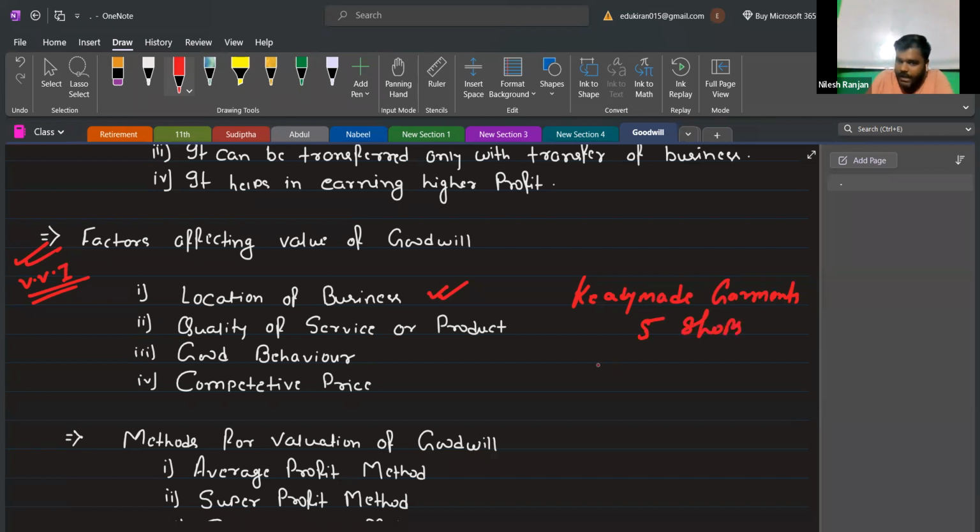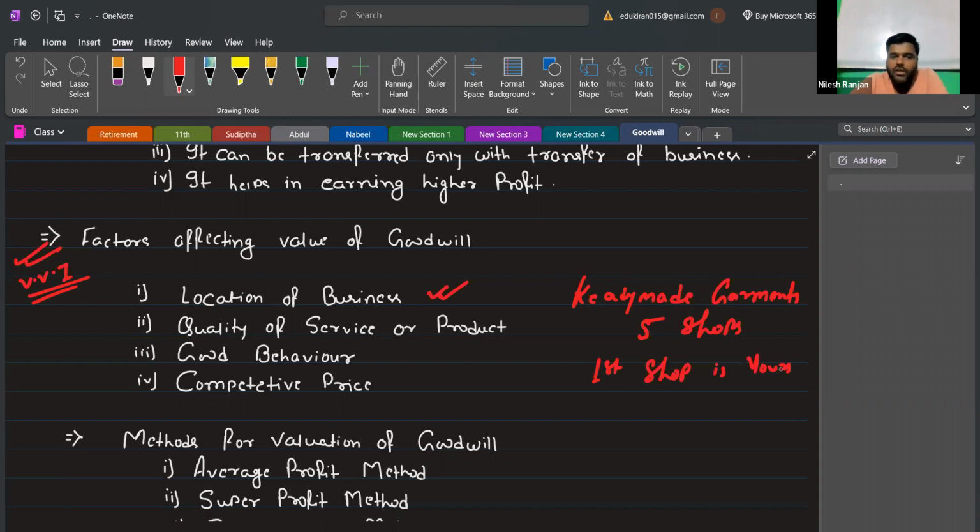But at the entry point, the first shop is yours. So it is probable that most of the customers will visit your shop. Yes or no? Yes, sir. Because if they want to buy clothes and there is no attachment with other business persons, then they will visit your shop first, because the first shop is yours.